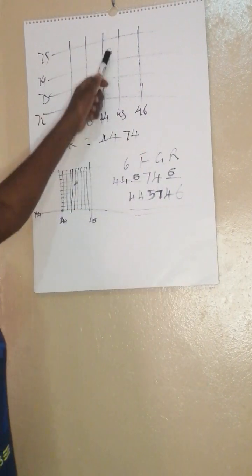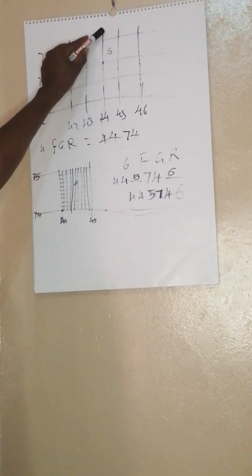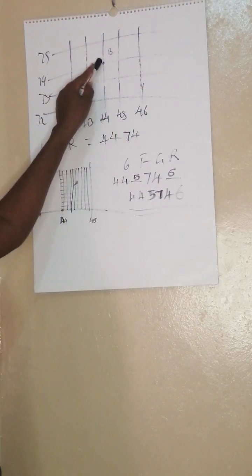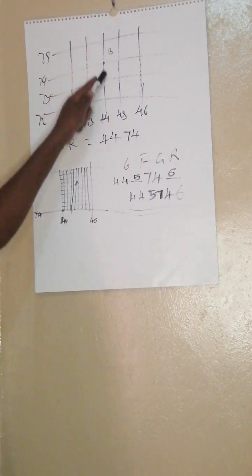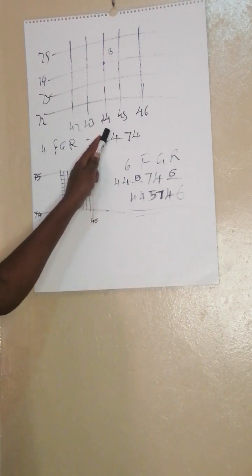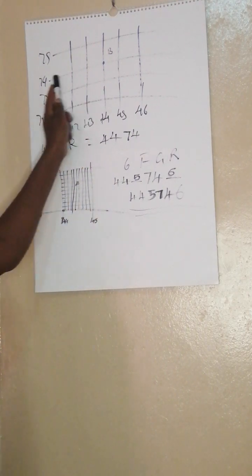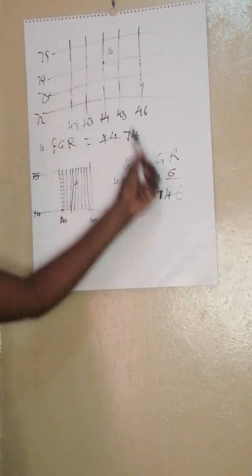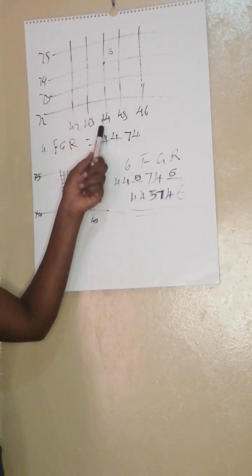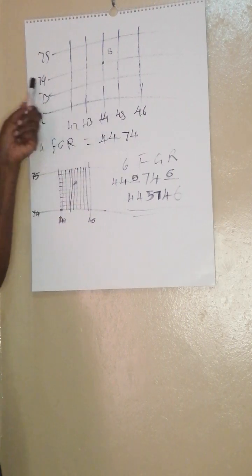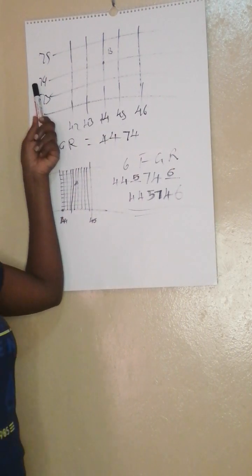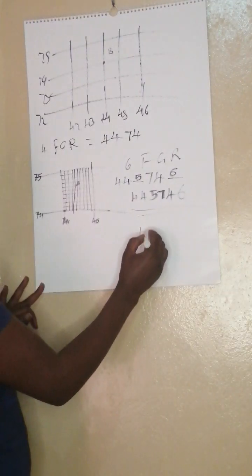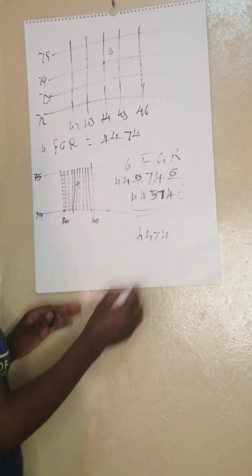For example, for location B, we have this line and that one, and they are meeting here. You get the vertical line first, then you go to the horizontal line. So the 4-figure grid reference for B is simply 44 74. You don't write it with a comma, it's just 44 74.